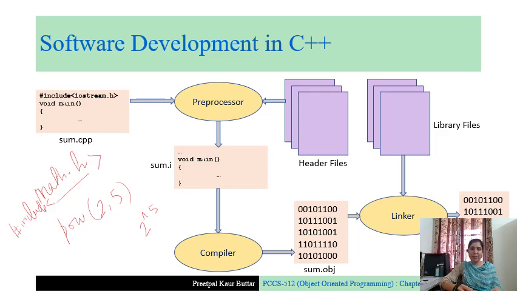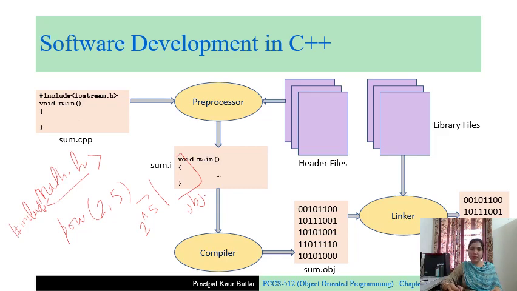The preprocessor will add this file math.h, and when we use this power function, it is already present in the form of object code in the library file. The linker will add the object code of this power function to our program object code.